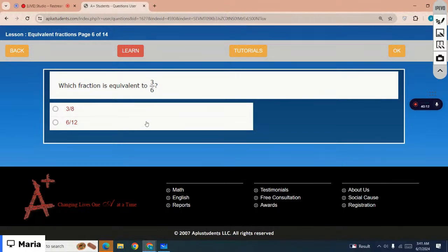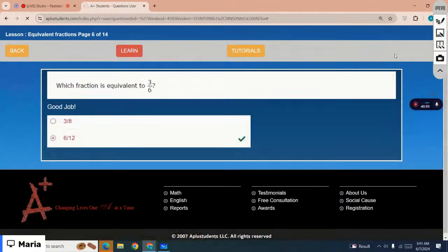Option number 2 is the correct option. That is 3 times 2 is 6 and 6 times 2 is 12. That would be 6 out of 12.